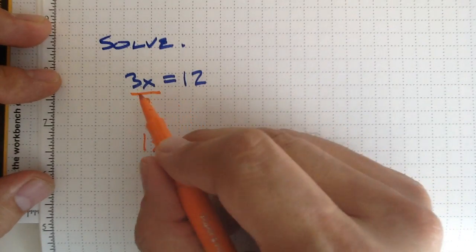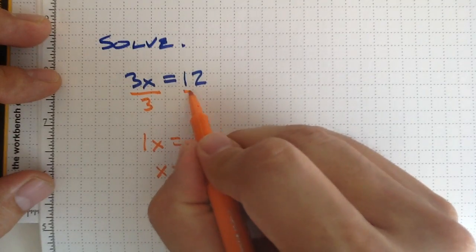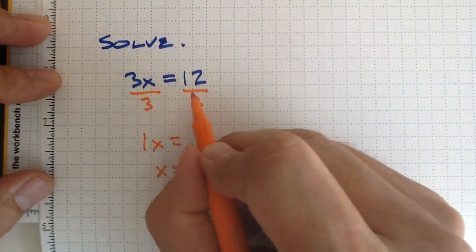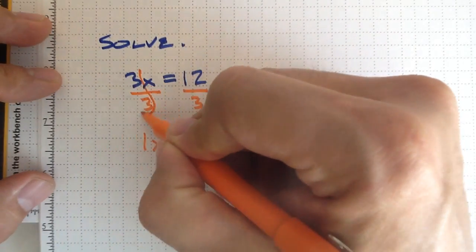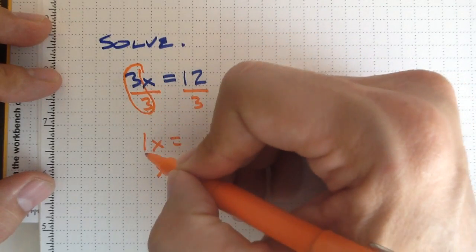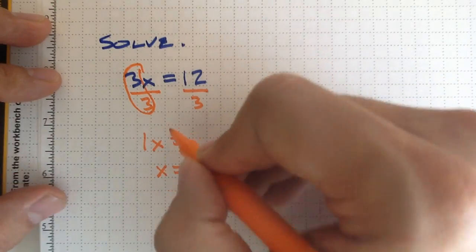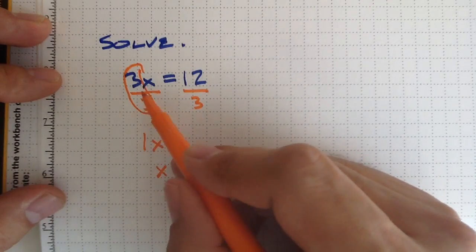And once again, I can keep the balance scale balanced because if I divide the left side by 3, as long as I divide the right side by 3, I keep the equation balanced. Now here, what goes on is 3 divided by 3, leaving the x untouched. 3 divided by 3 is 1, and 1 times anything is the number itself, so the 1 essentially disappears. But once again, notice how it's not becoming a 0, it's becoming a 1.